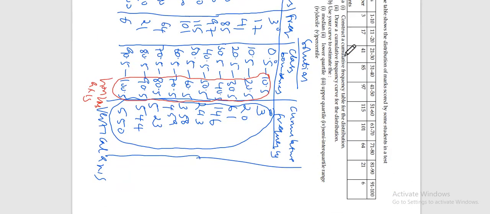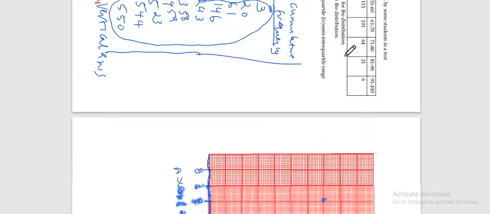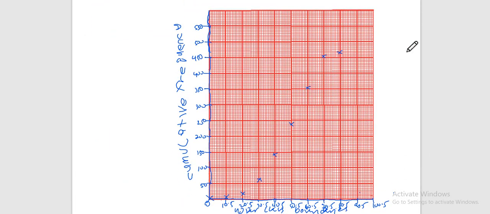Then 90.5 will give us 544. 5, 10, 15, 20, 544, that's here. Then 100.5 will give us 550 at this point here.